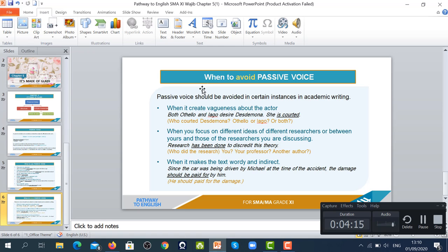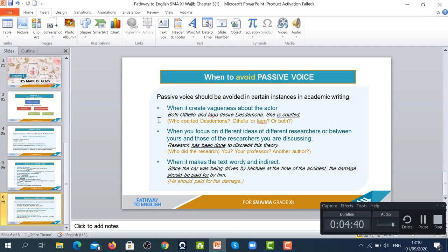Next, when we should avoid a passive voice. Passive voice should be avoided in certain instances in academic writing. The first is when it creates vagueness about the actor. For example, both Othello and Iago desire Desdemona.